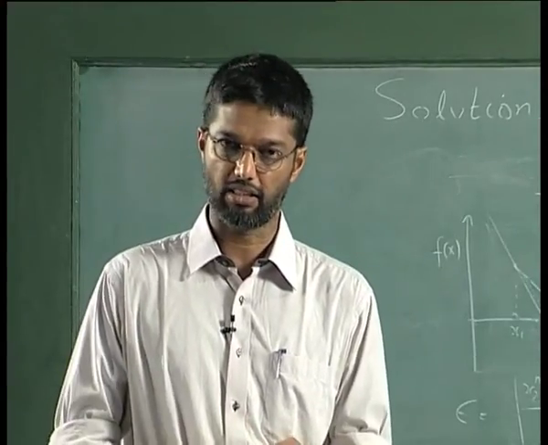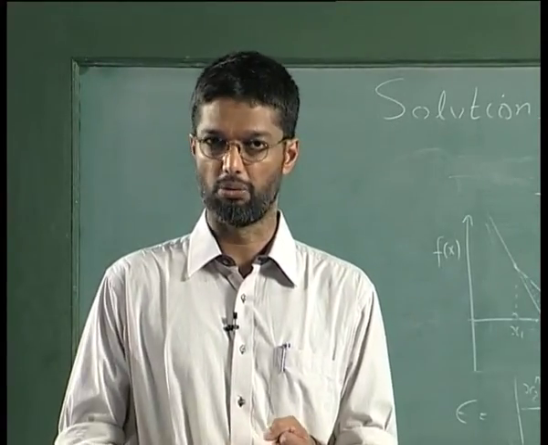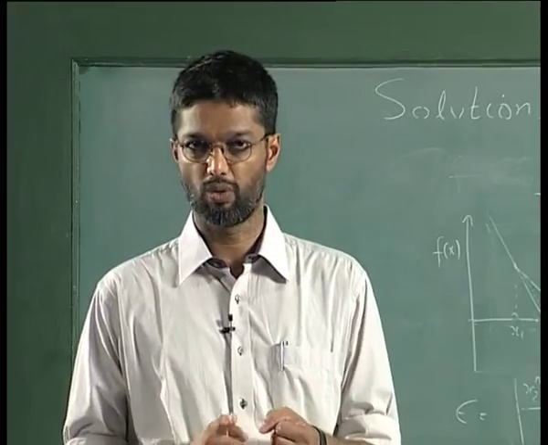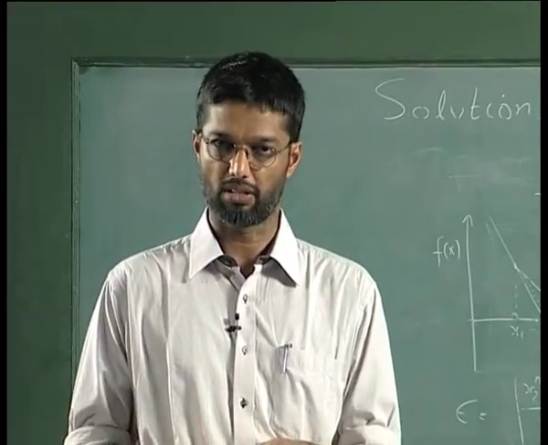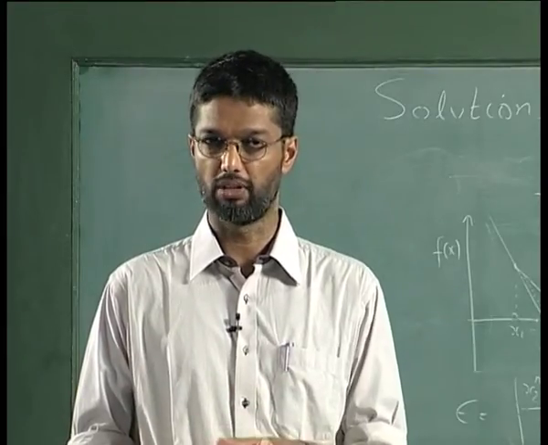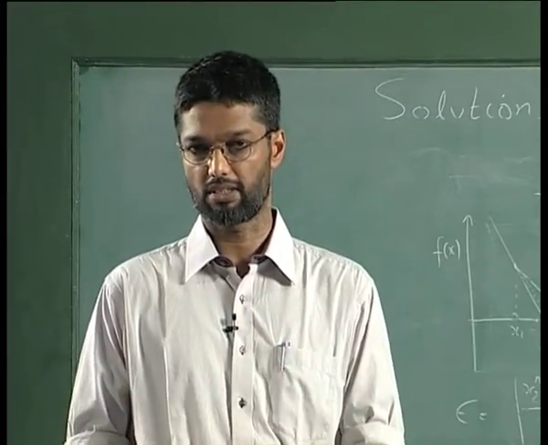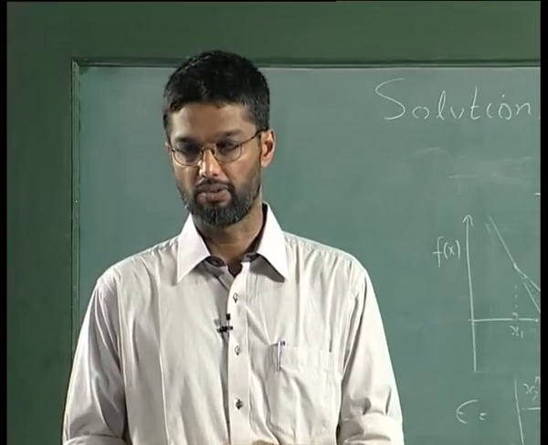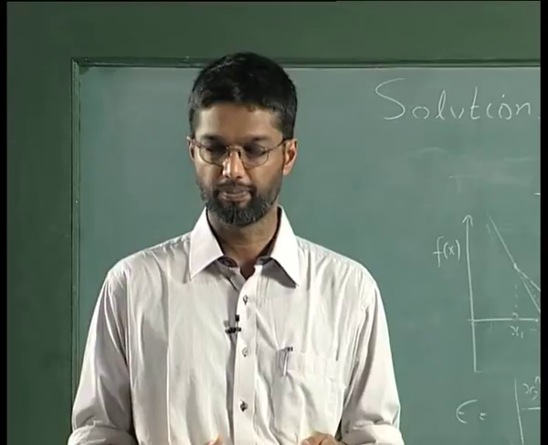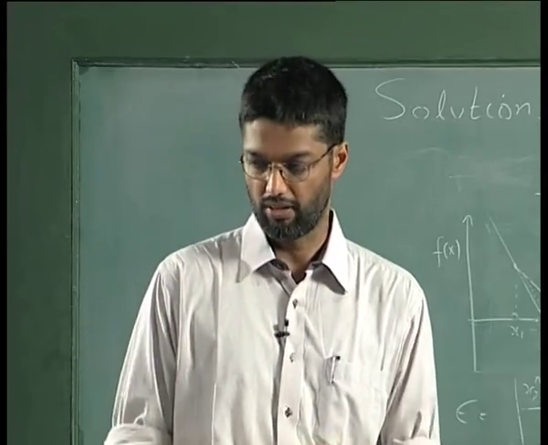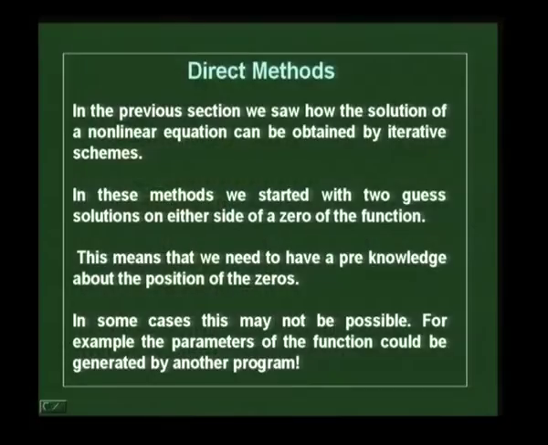The second is that the accuracy you demand, that is the modulus of x old minus x new divided by x new, should not be smaller than the machine precision, so that we will not get into an infinite loop because of round off errors. That's something you have to be careful about.